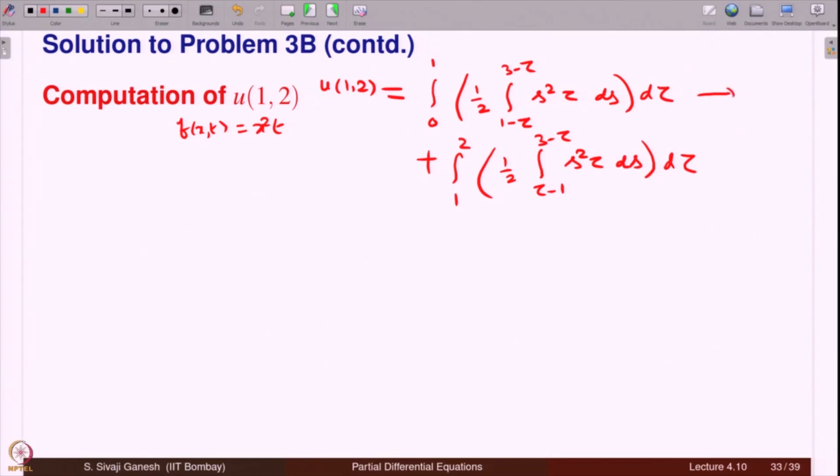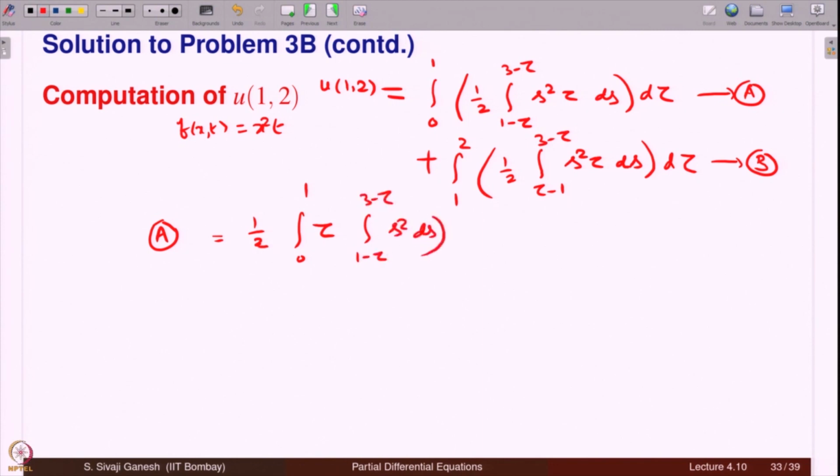Okay, let us call the first term A and the second term B, and we will compute them separately. So, A is half, I have brought out the half to the front, integral 0 to 1, then tau is here, then 1 minus tau to 3 minus tau of s squared ds, then d tau.